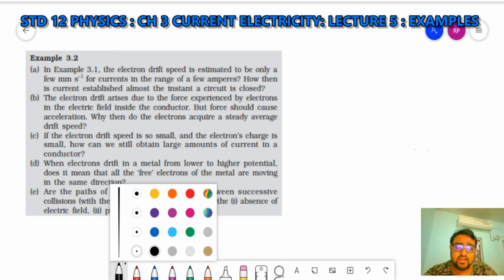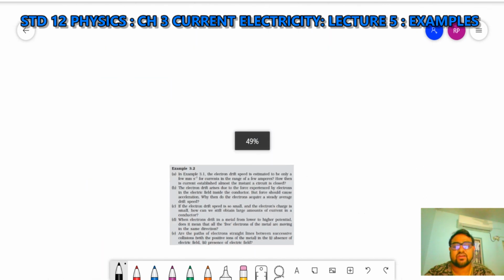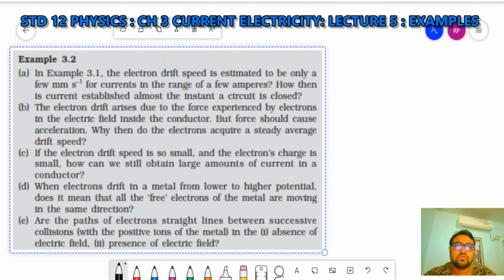But the drift speed increases only till the collision. After it collides with a positive ion, it loses its drift speed. After that, again it accelerates, collides with a positive ion, loses drift speed, again accelerates, and it continues. So on average the electron acquires only a steady drift speed.